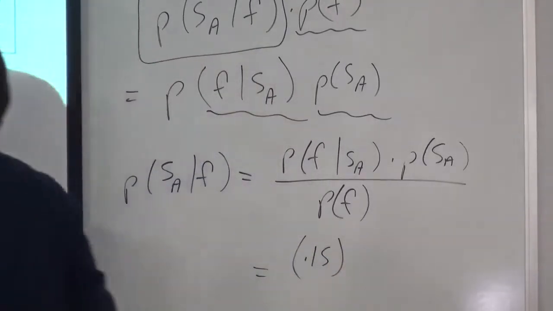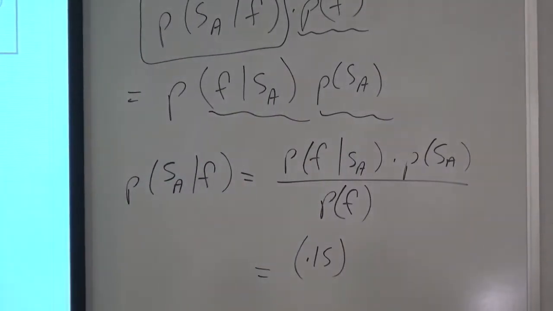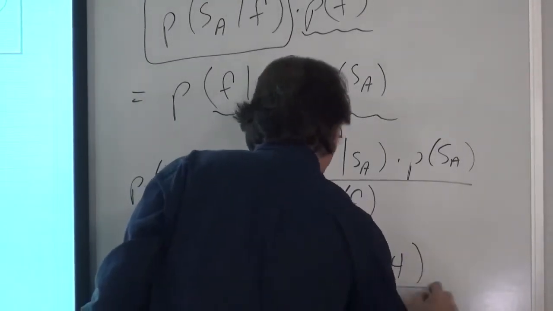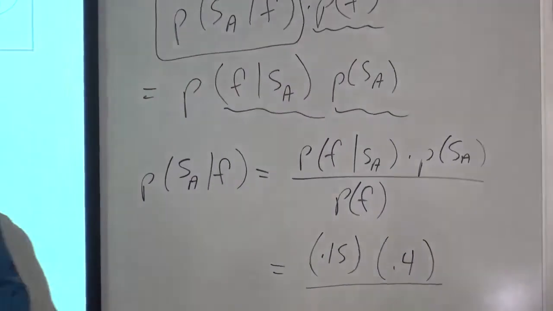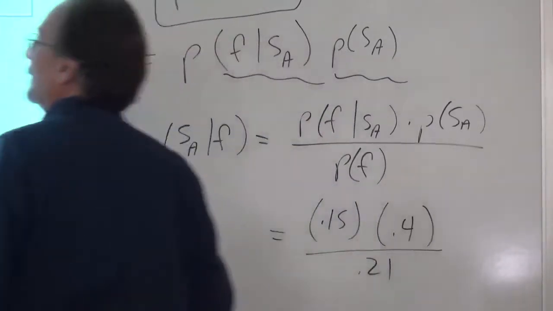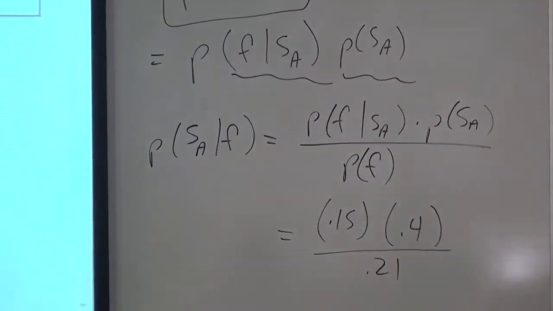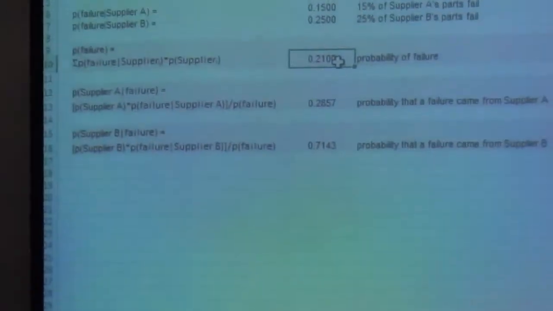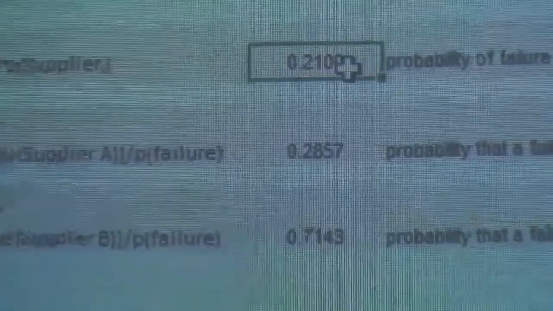And the probability that it comes from supplier A is 0.4. And the probability of failure, if you got from right here, is 0.21. And that should come out to 0.2857. Check my arithmetic to make sure that I'm not making mistakes there. Okay.